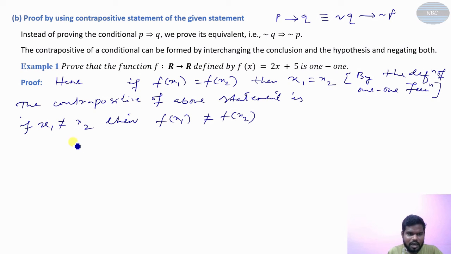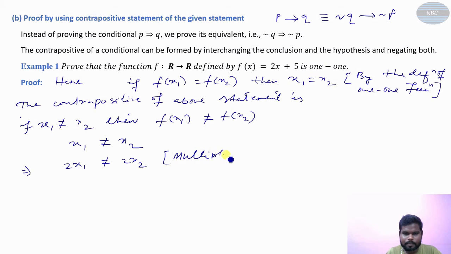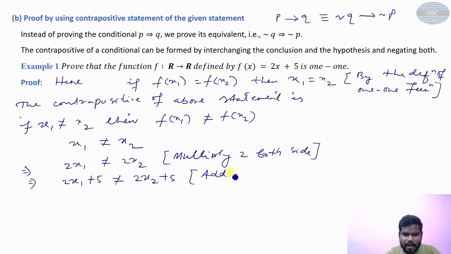So we start with x1 not equal to x2, which implies 2x1 not equal to 2x2, multiplying 2 to both sides, which implies 2x1 plus 5 not equal to 2x2 plus 5, adding 5 to both sides.